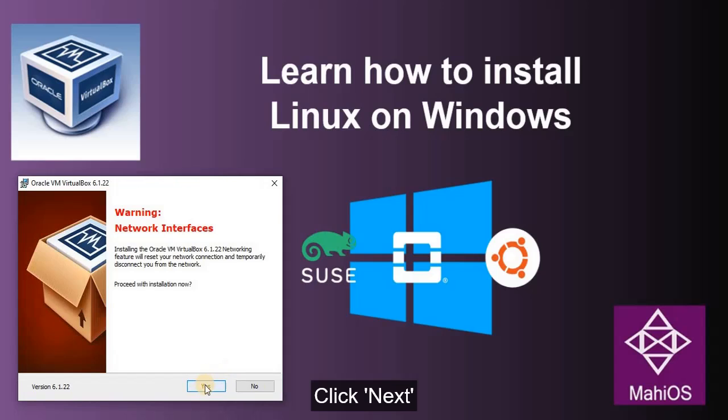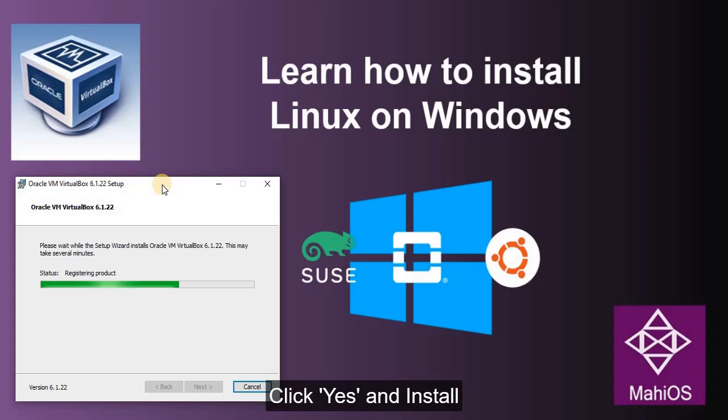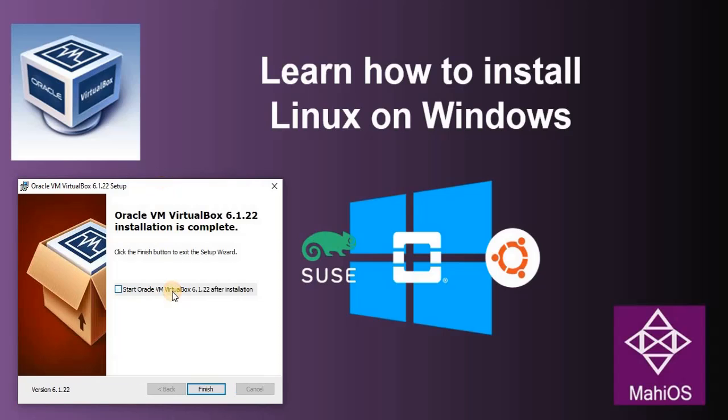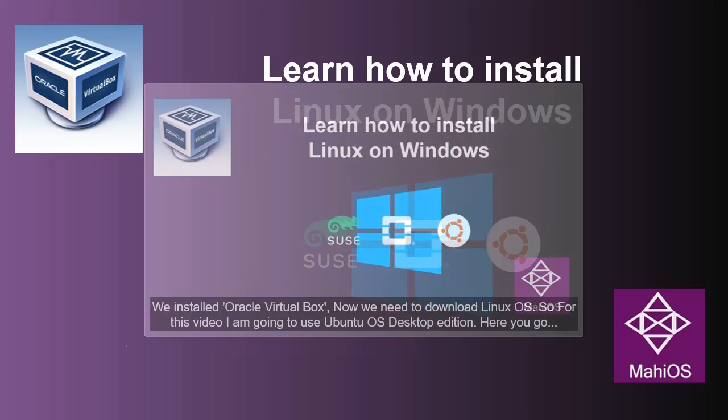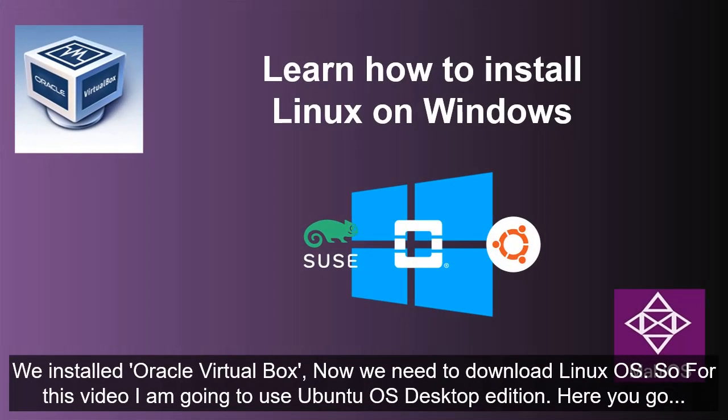Click Next. Click Yes and install. Click Finish. We installed Oracle VirtualBox, now we need to download Linux OS.